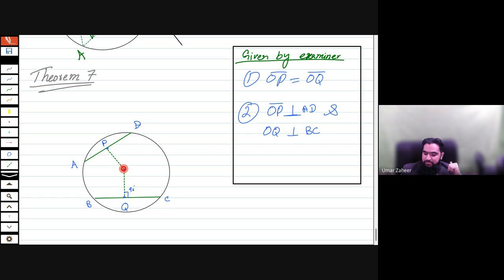So if it is given that OP is equal to OQ, from here we can conclude that AD is equal to BC. Both chords are going to be equal. Yes, it is clear. Yes, sir. In the same way, we can make the reverse of this thing as well.